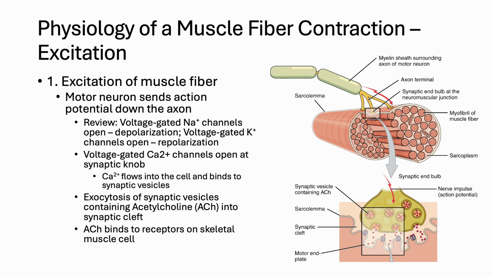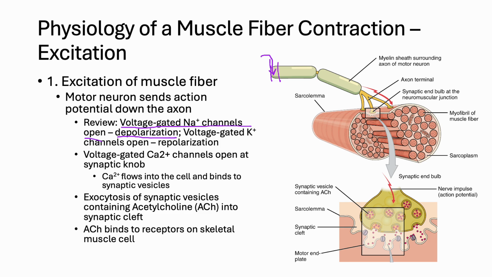Now remember, this is review from our nervous system lesson, but what is an action potential? It's when the voltage-gated sodium channels open in a section. So let's say right here in this axon, we have a section where the voltage-gated sodium channels open. Sodium ions rush in. That depolarizes the cell, because it was about negative 70 millivolts at resting for a neuron, and when the sodium rushes in, it becomes positive.